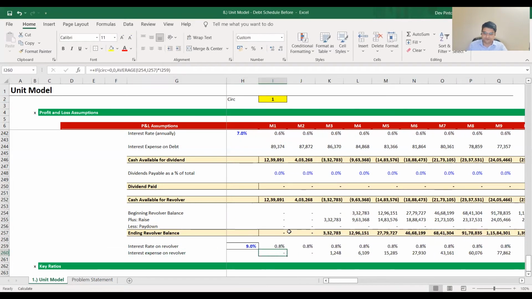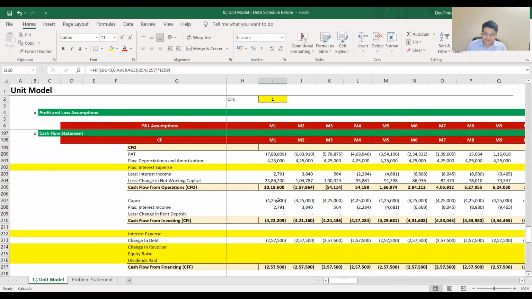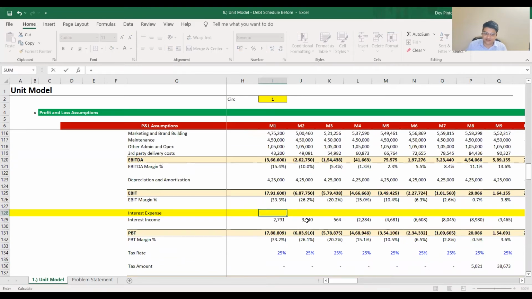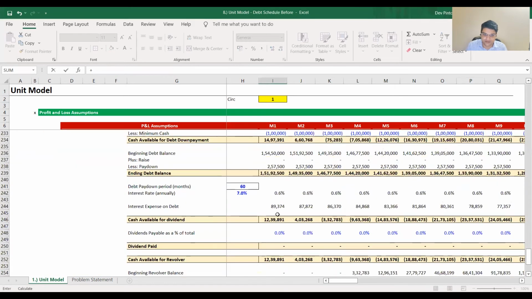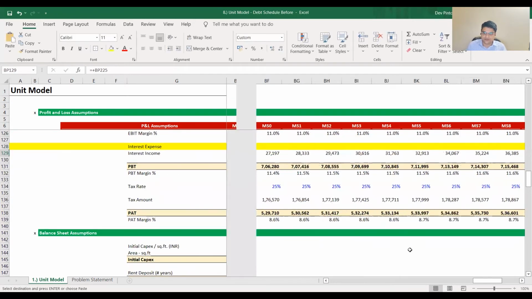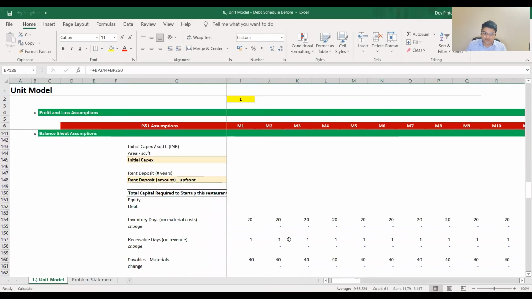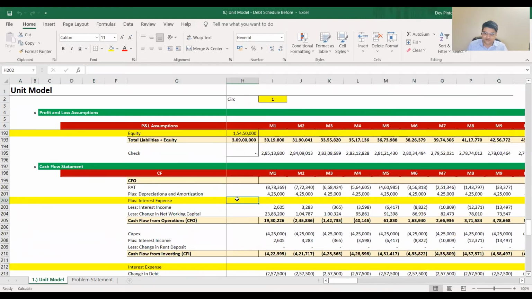Now let's just link everything up, right? Let's start with the P&L. Interest expense here, which will be nothing but the sum of these two interest expenses, one from debt, one from revolver. Right. Next, the same thing should come over here.